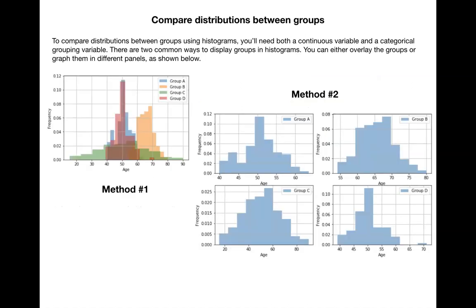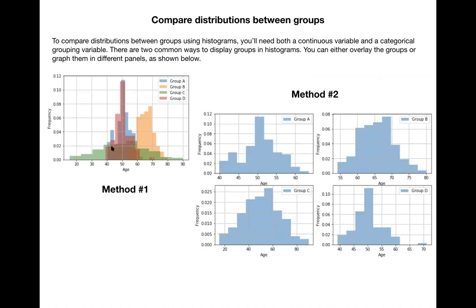All right. Another way to look at the different data sets is that you can compare distributions between different groups using histograms, and there are two ways to do it. In this lecture, we have 4 groups of data: A, B, C, and D. The first one is that we plot everything in the same plot with an alpha value, so you can have transparency.